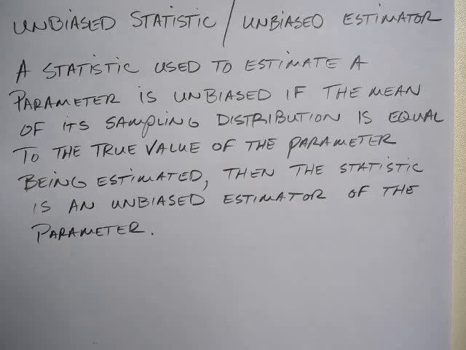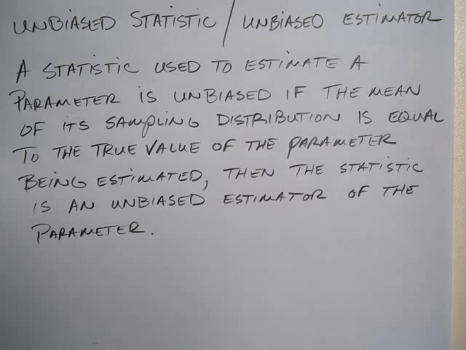So mean is the average from a sample, right? That's a statistic, something we calculate from a sample. The thing that would be comparable to that as a parameter would be mu. It's the average of a population. So let's talk about mu and x bar. So a statistic, x bar, let's say, is used to estimate a parameter, mu. It is unbiased if the mean of its sampling distribution.